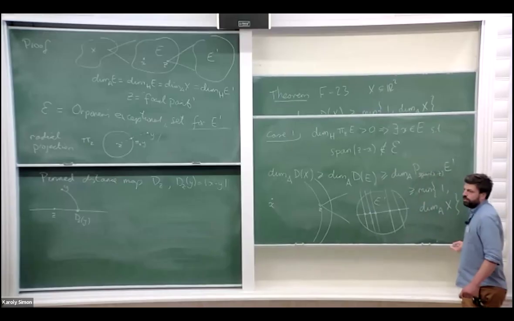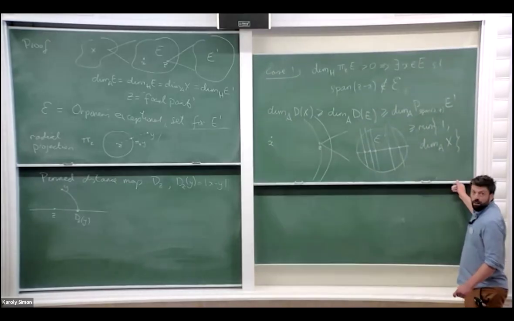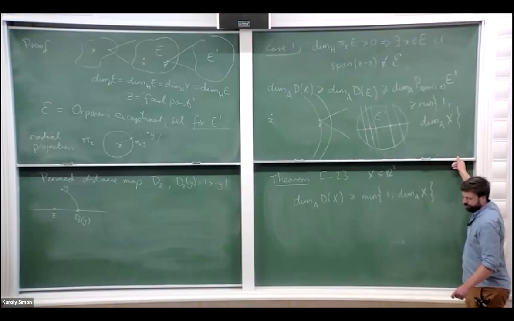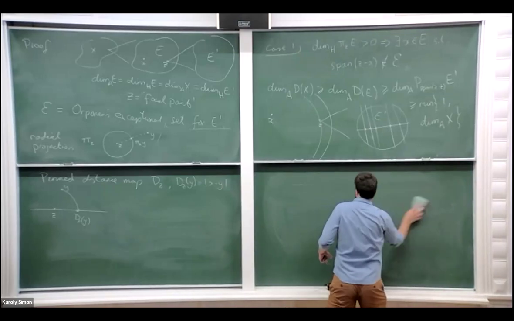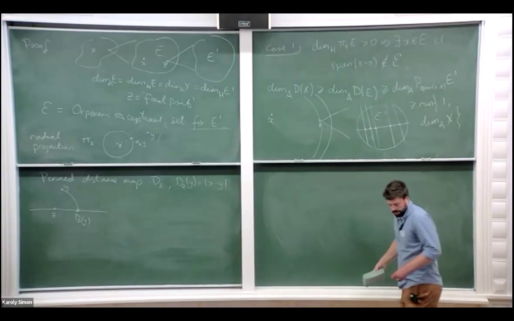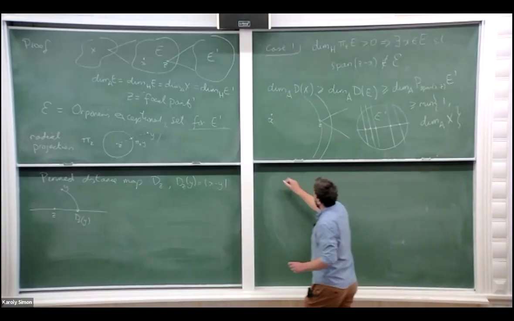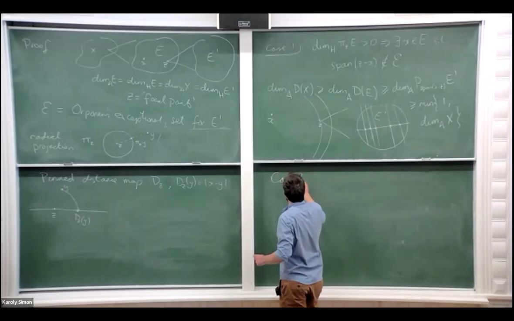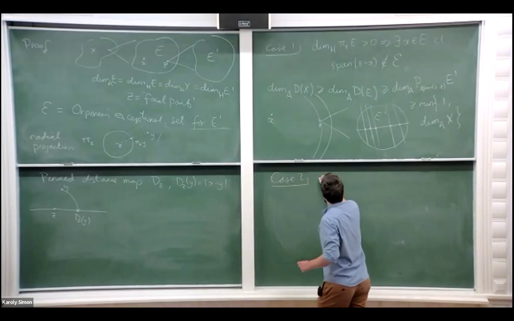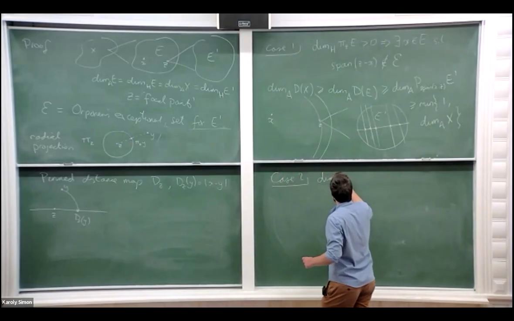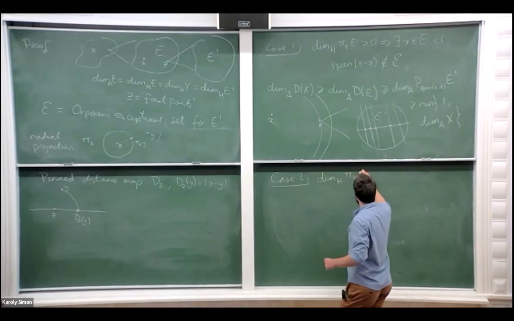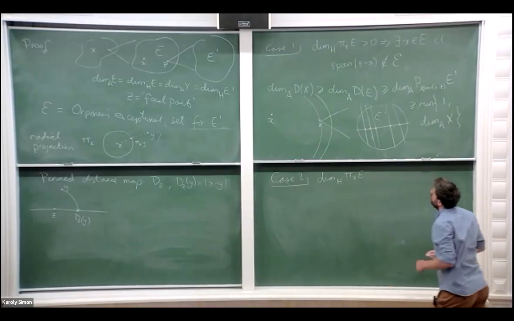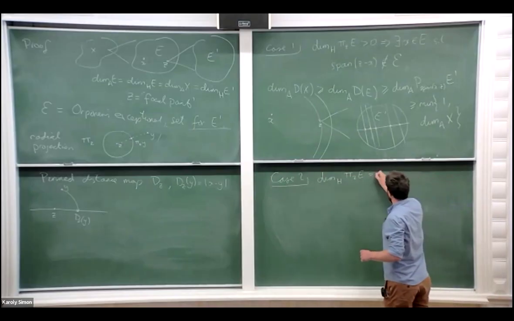Right, what about case 2? So case 2, the Hausdorff dimension of the radial projection phi at Z, that's the focal point up there, of E better be 0.